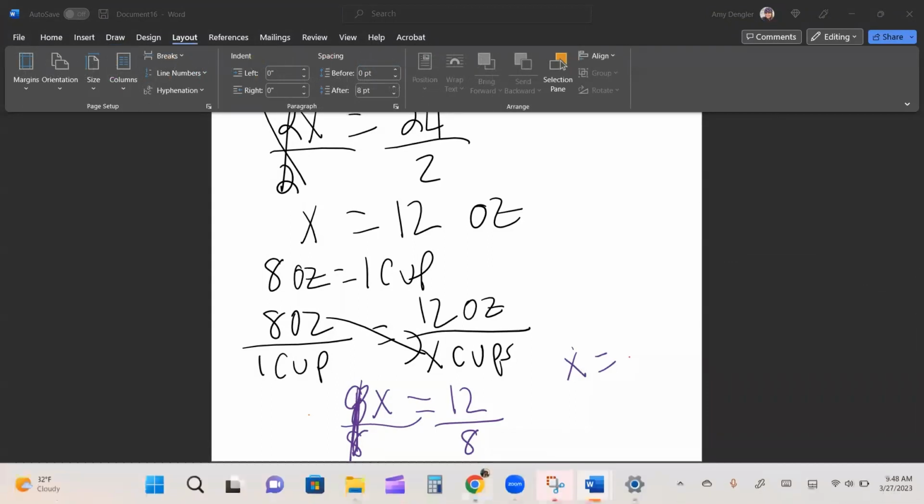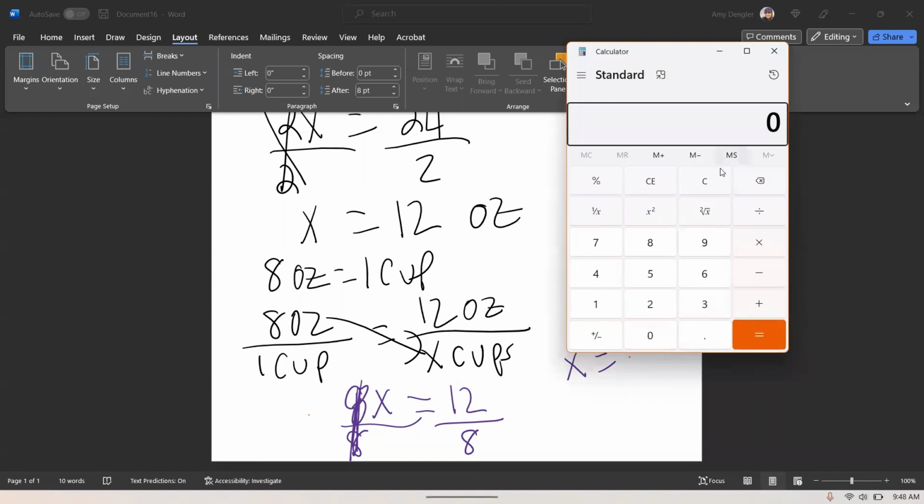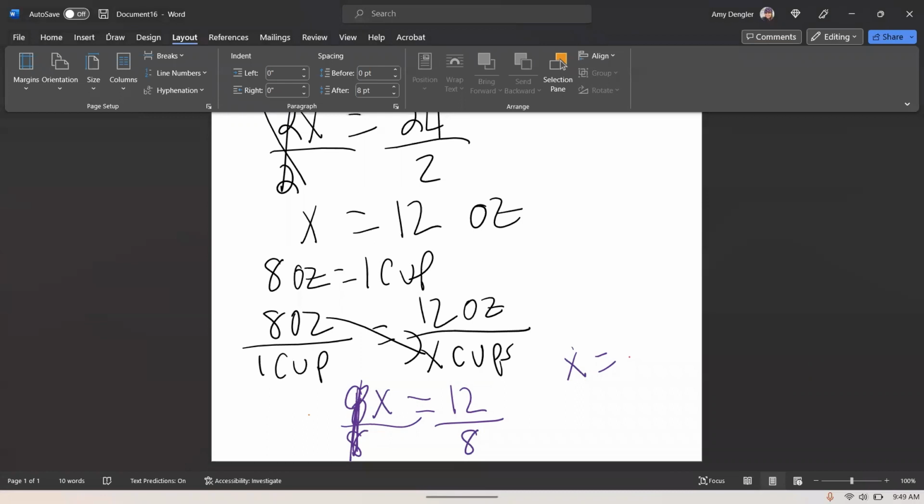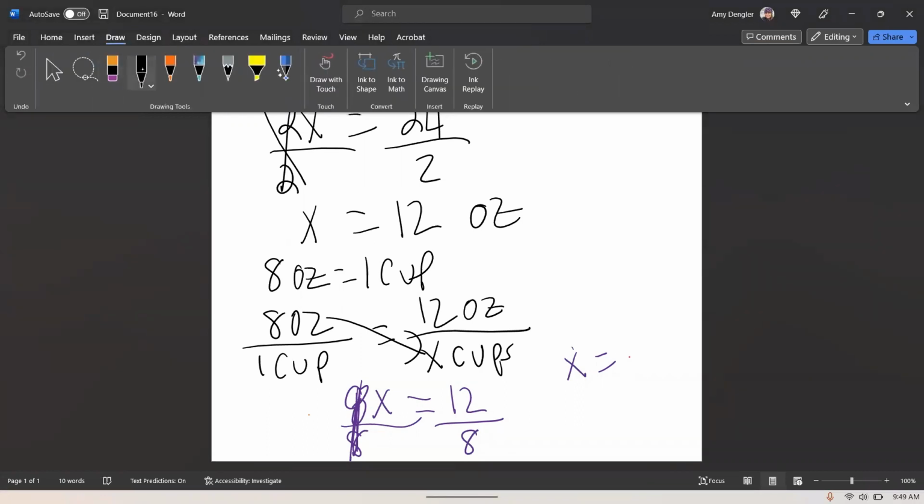So 12 divided by 8 is 1.5. We can do the long division and do 8 into 12, but hopefully you guys know that 1.5 is just 1.5.